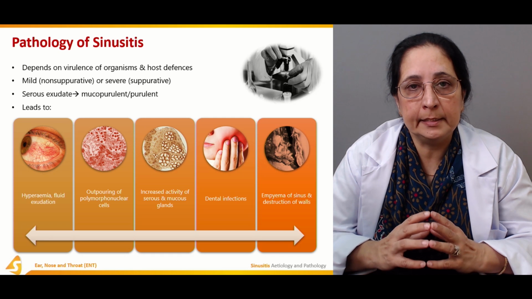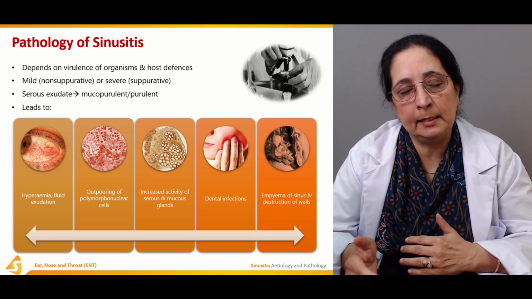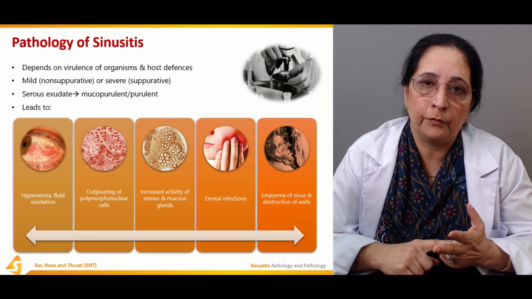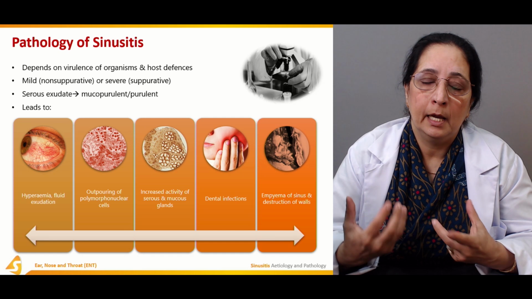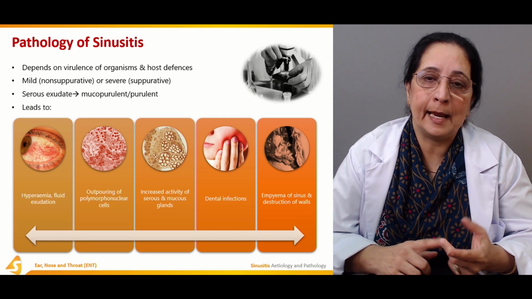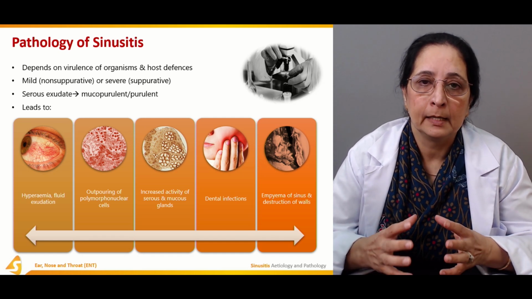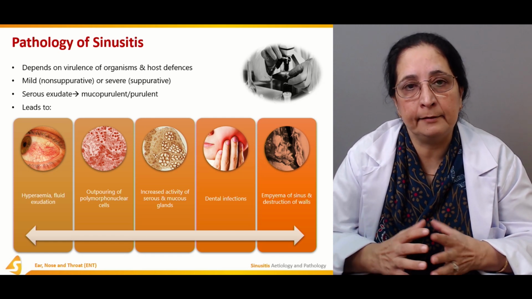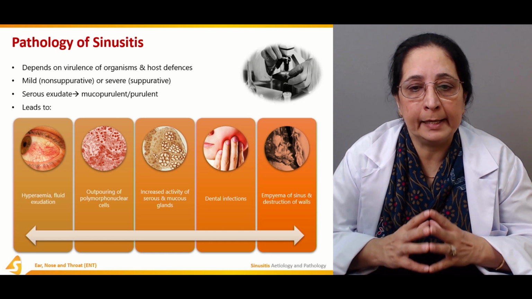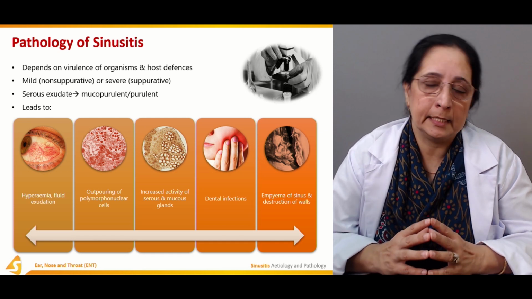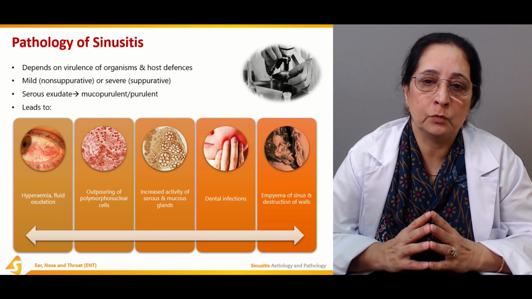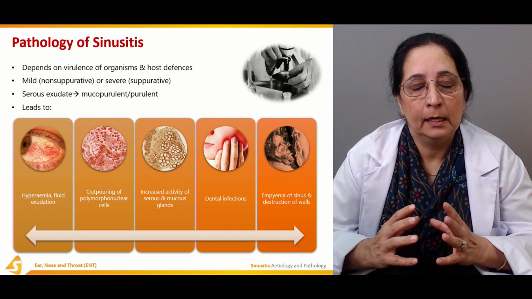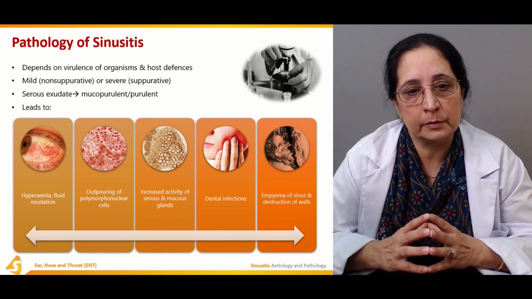So all this is the pathology, how this develops. There is increased fluid exudation, increased polymorphonuclear cells cause hyperactivity of the glands, increased production of serous fluid and mucus, and then this can cause dental infection and empyema of the sinus and destruction of the sinus wall in the ultimate final step of the pathology of sinusitis.